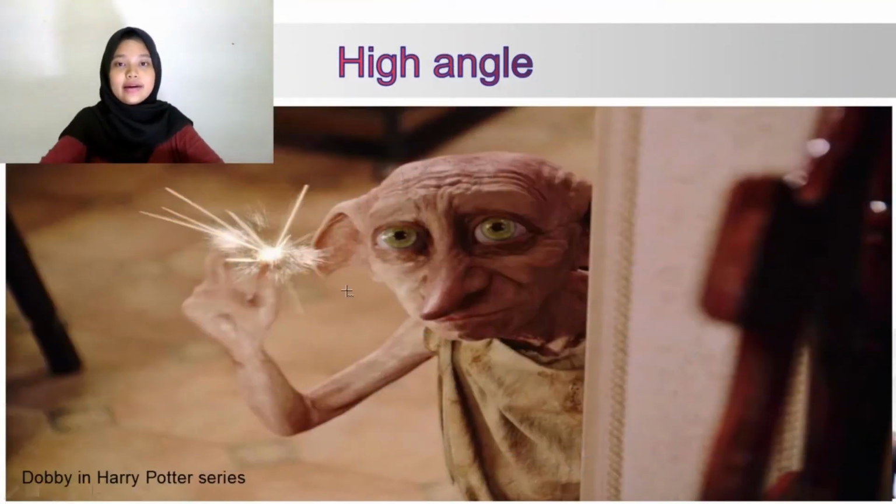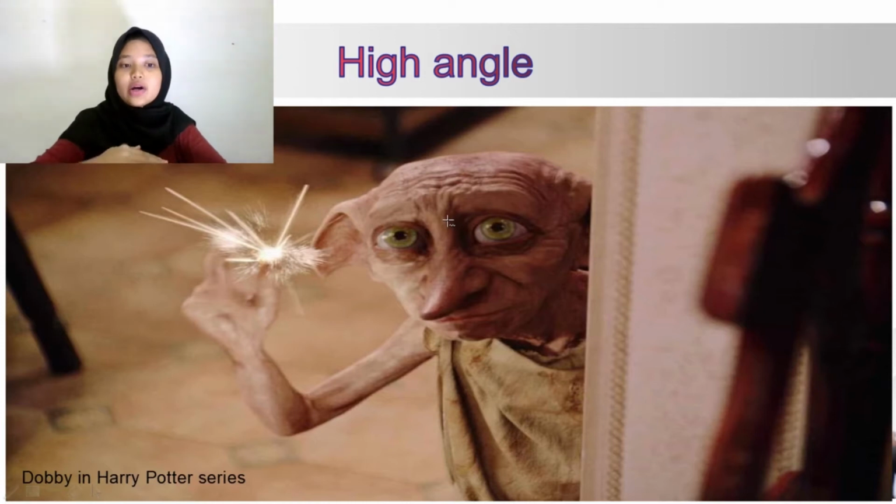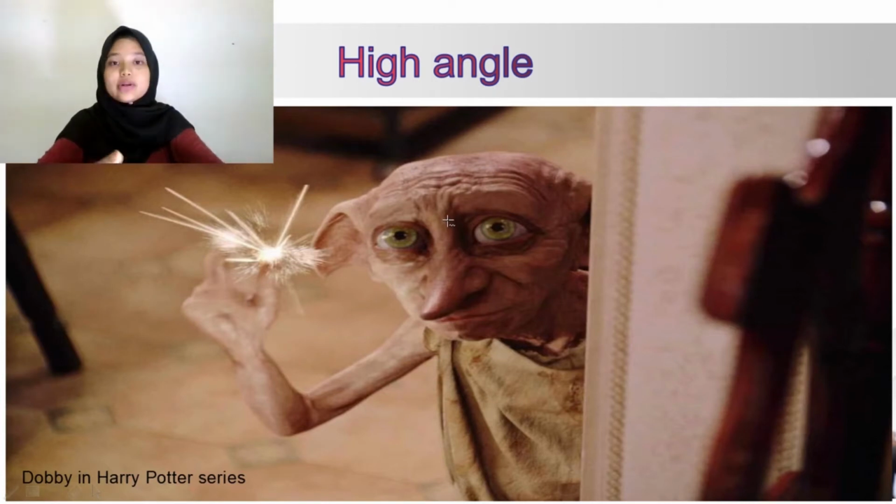Okay, first, high angle. A high angle shot is a technique where the camera looks down on the character or subject from an elevated perspective. A high angle shot can make the character appear powerless and weak.